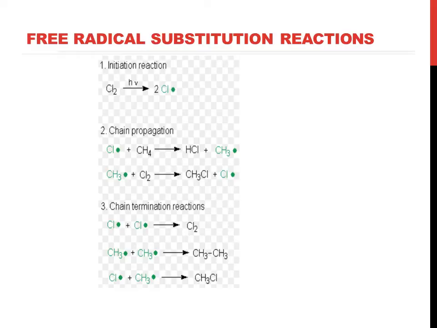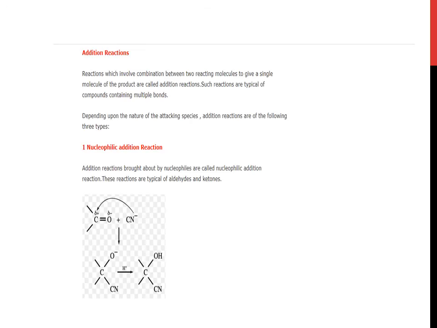Now this CH3 free radical again reacts with Cl2 giving CH3Cl and releasing a Cl free radical. This Cl free radical combines with one more Cl free radical and gives Cl2. Now to stop the reaction, CH3 free radical reacts with CH3 free radical giving CH3CH3. Cl free radical reacts with CH3 free radical and it will give CH3Cl.